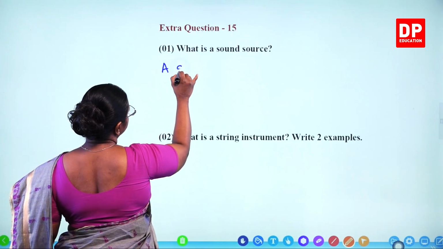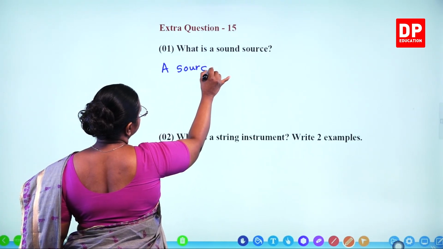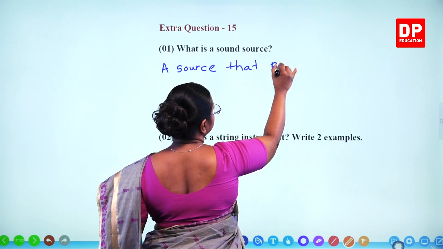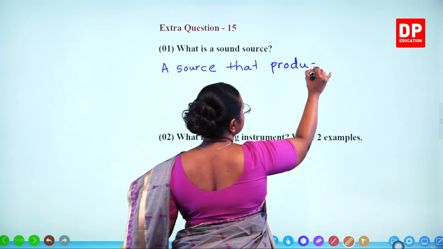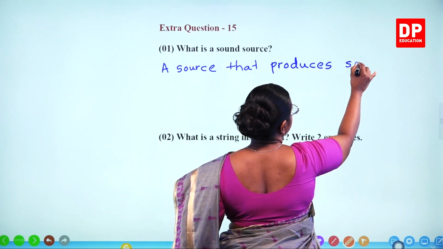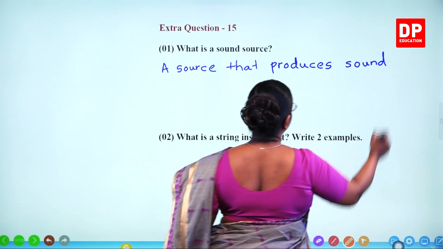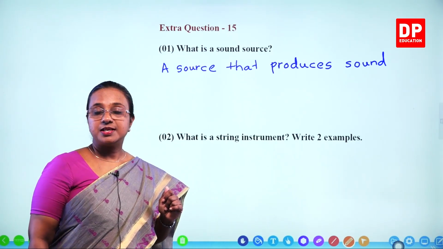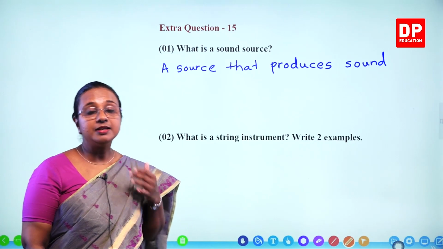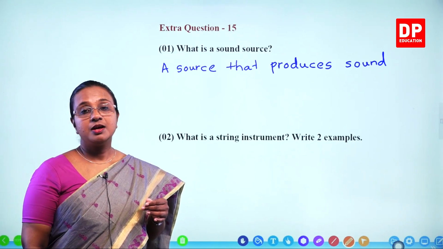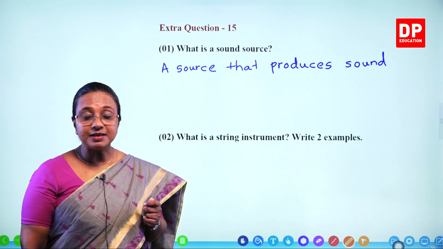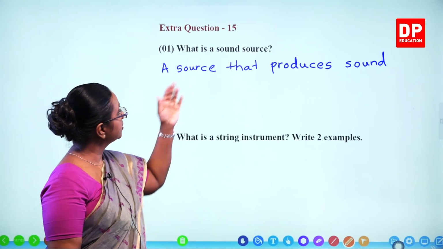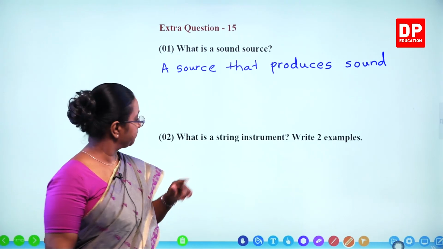A source that produces sound. It can be a musical instrument, it can be the vocal cords, or it can be any other material like a tuning fork that can produce sound waves.